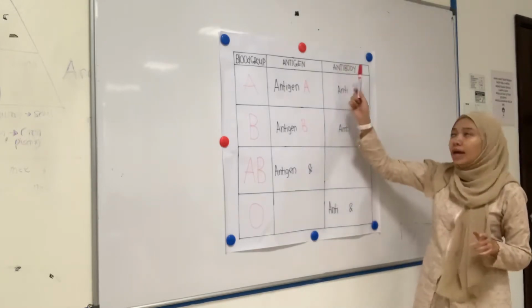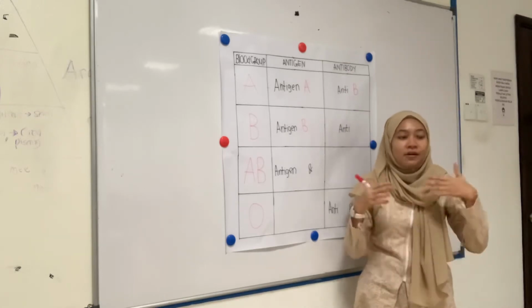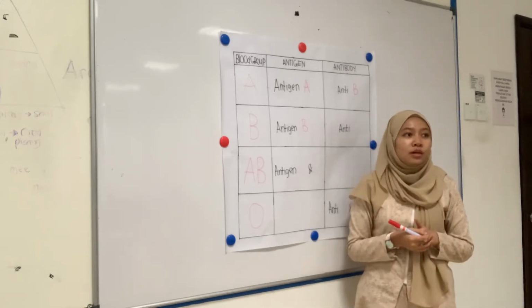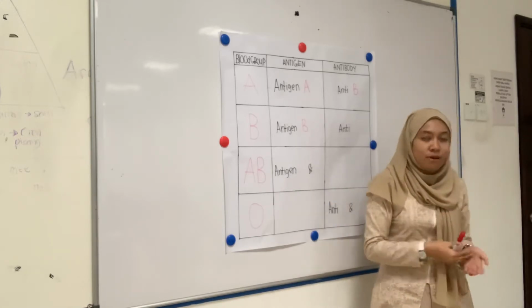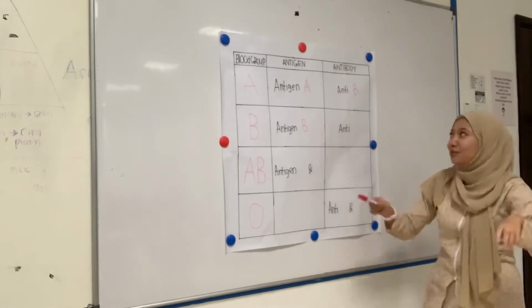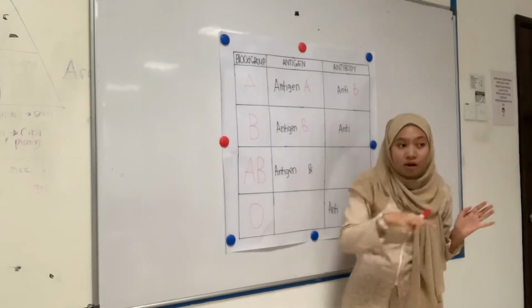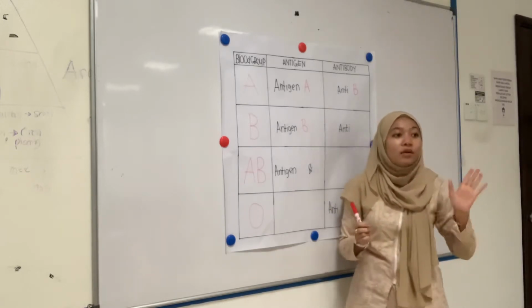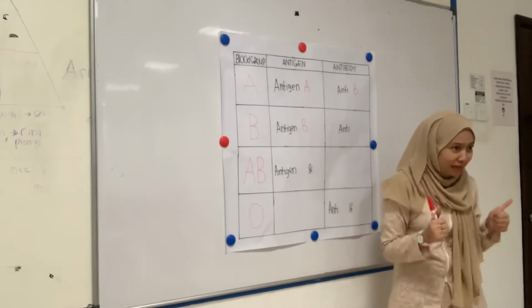While the function of antibody is to fight disease and foreign substances that enter the bloodstream. But antibody cannot be found on the surface of the red blood cells; it can be found in the blood serum. Okay, so far is everyone okay?